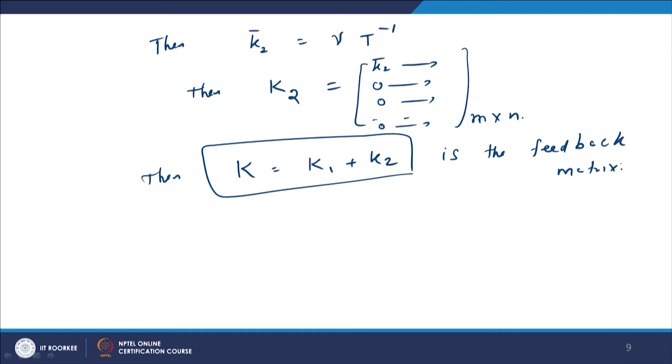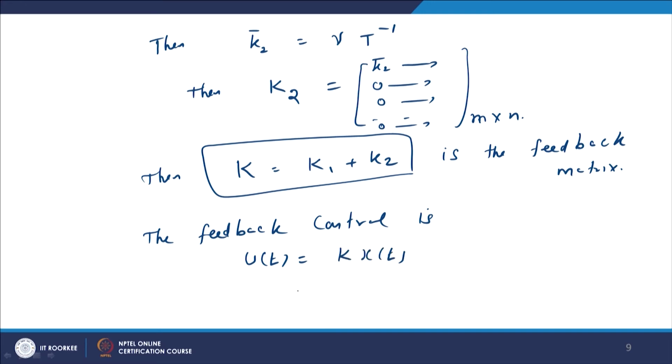So, if we substitute this, the feedback control u of t, which belongs to Rm, is k times x of t.